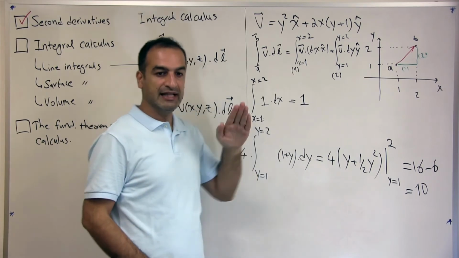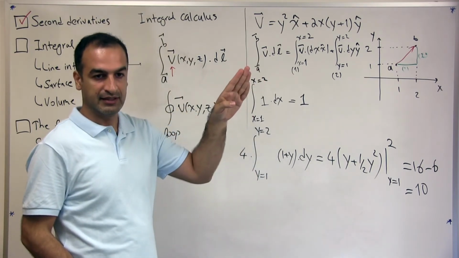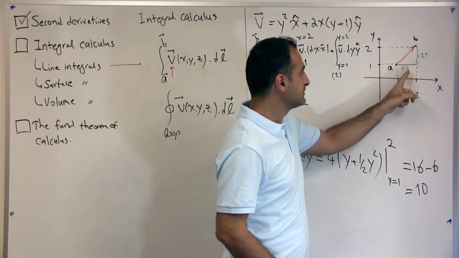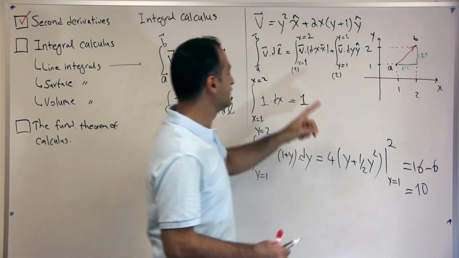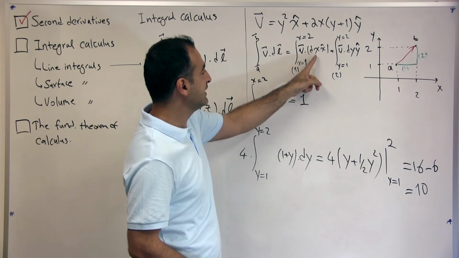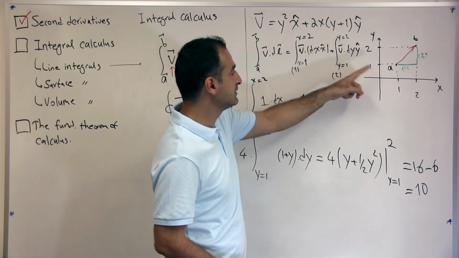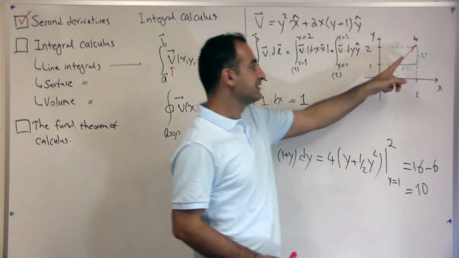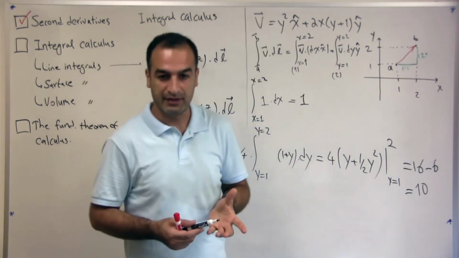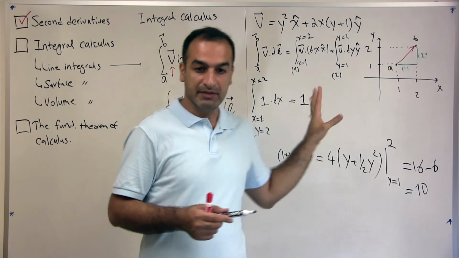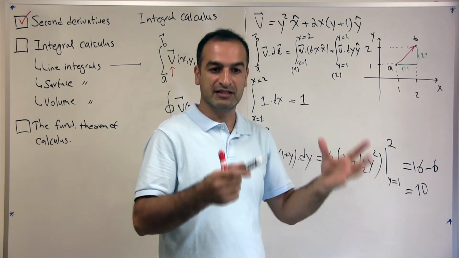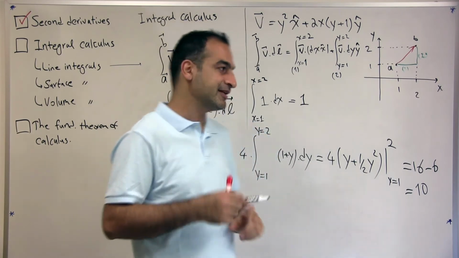So that defines your path. When we went through the green path, we had 2 integrals. For one of them, dl was dx times x hat. For the other one, dl was dy times y hat. If you take the red path, you're going to get something very different. Do you want me to do that as well, so that you see how the result changes when you change the path? Okay, I'm going to do that too.